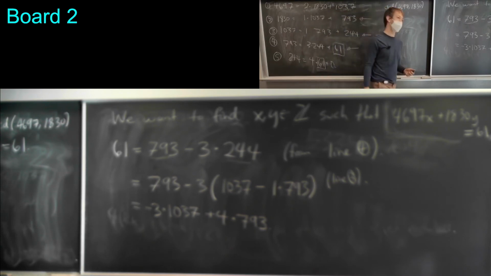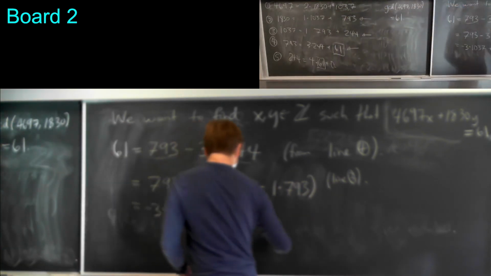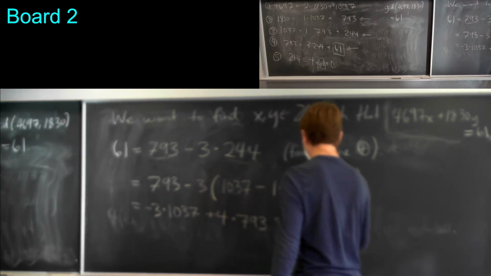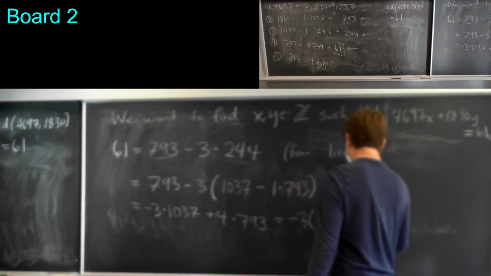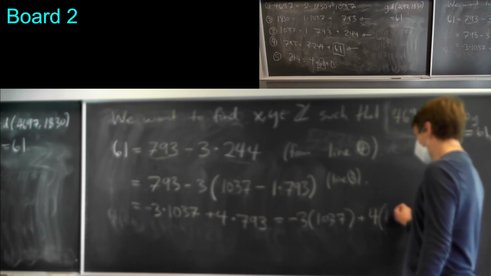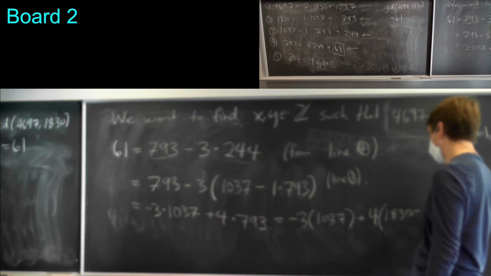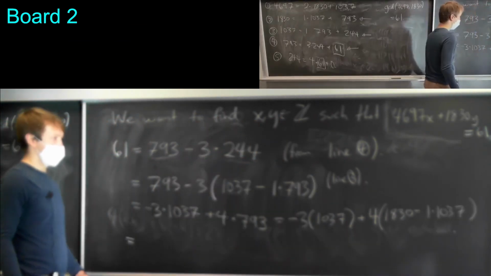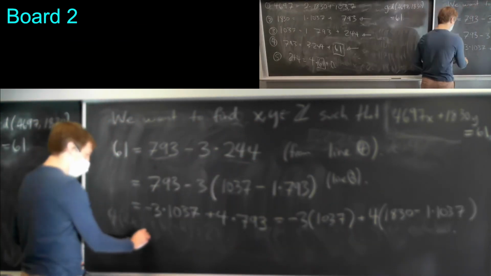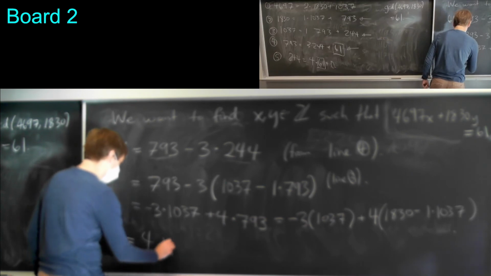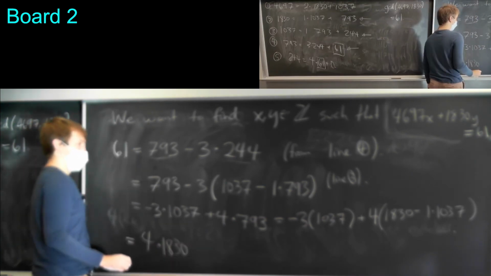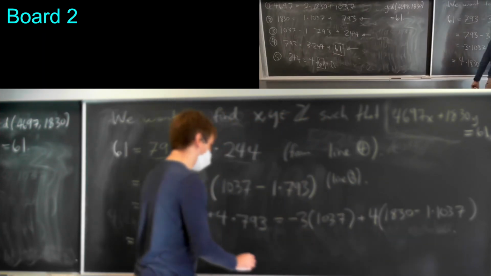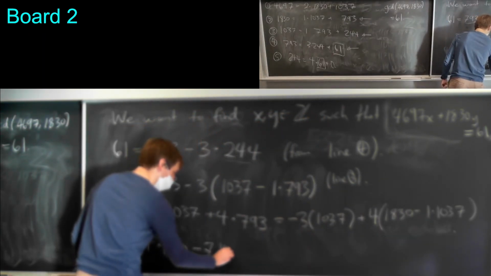So this is negative 3 times 1037 plus 4 times 1830 minus 1 times 1037. Maybe I'll write that as 4 times 1830. So I've got a negative 3 1037s, and then minus 4 more. So I've got minus 7 1037s.